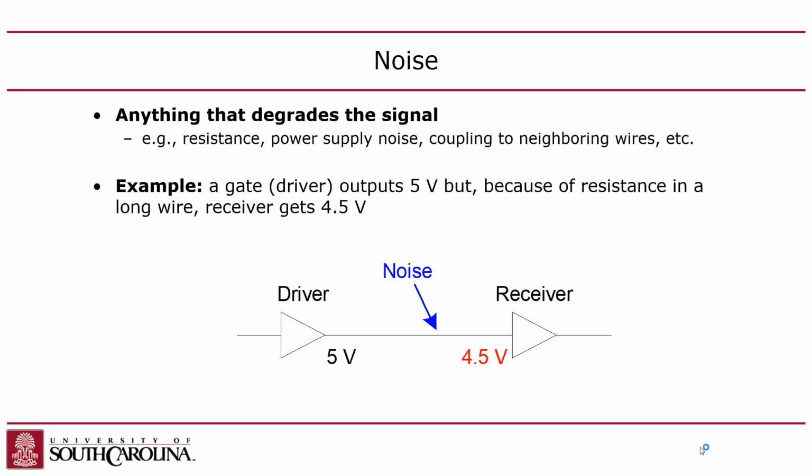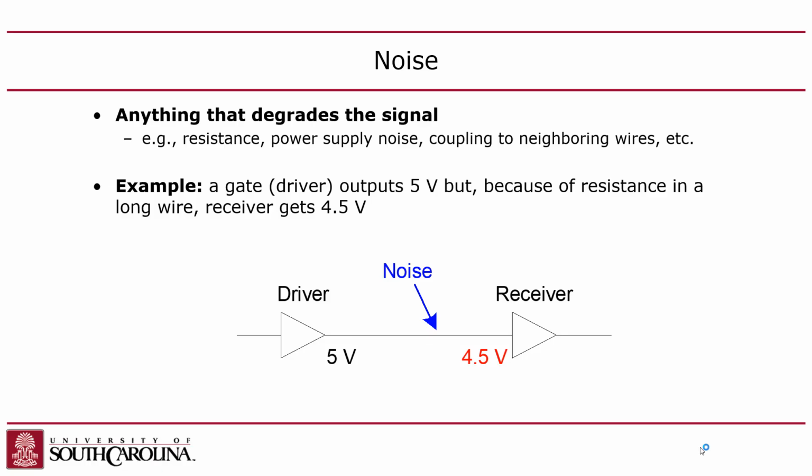The problem there, though, is that when you have a logic gate sending an output to another logic gate, those connections will be subject to noise, which comes mainly from wire resistance. The wire has resistance, so you'll get a voltage drop between the driver and the receiver.